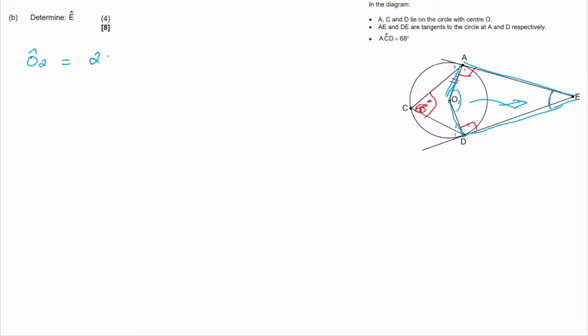So O2 is equal to 2 times 68 degrees, which is equal to, if I put in the calculator, 2 times 68 is 136 degrees. So I can say, well, oh, and the reason here is angle at center is equal to 2 times angle at circumference.